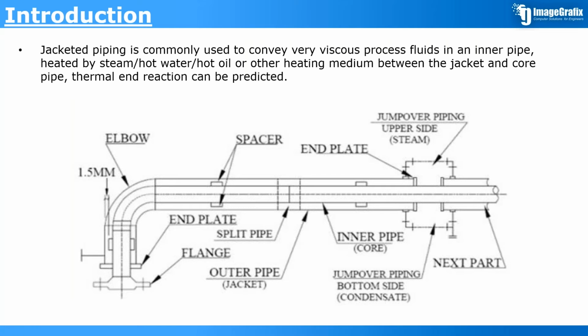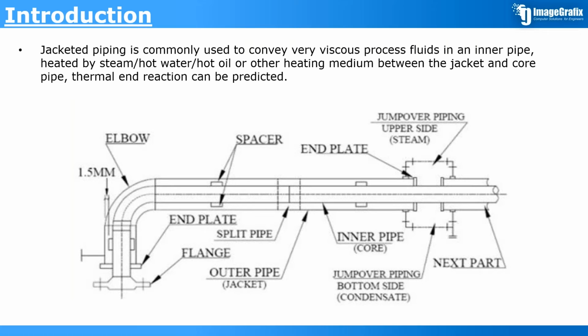First, introduction. What is jacket piping and where exactly is it used? It's a piping segment commonly used to convey various viscous process fluids. Suppose there's a process fluid which at atmospheric conditions, or less than atmospheric conditions, converts into a solid or hard format.